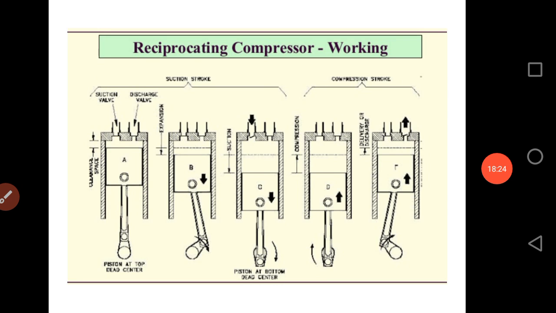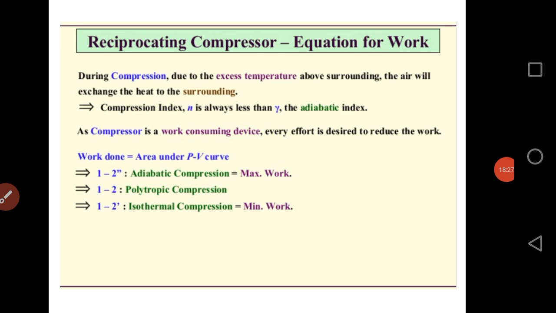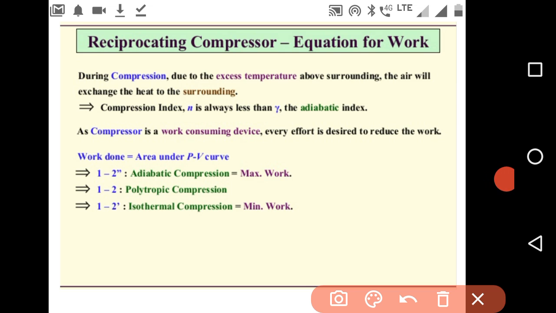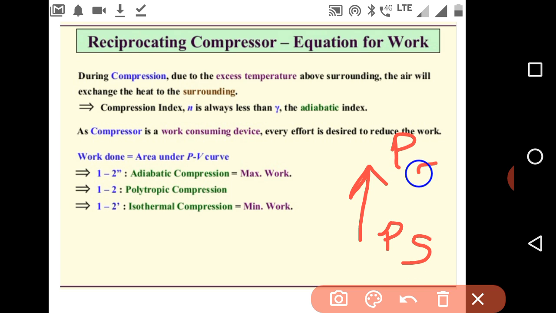Now see, we have already understood the working of a reciprocating air compressor, but compression can be achieved by different basic processes. We have already seen that while compressing the air from suction pressure to the discharge pressure, there will be an increase in internal energy.